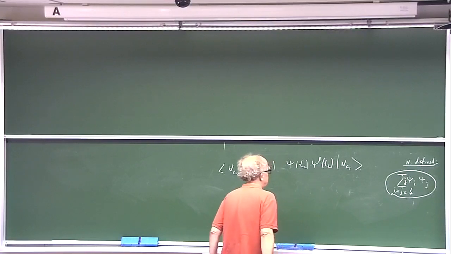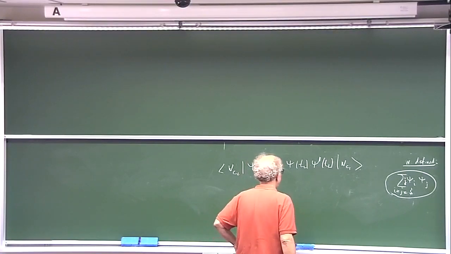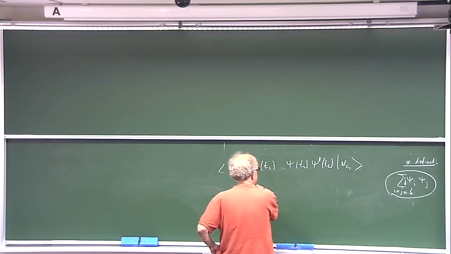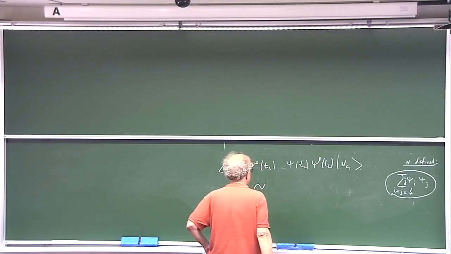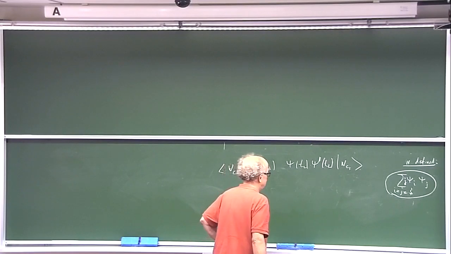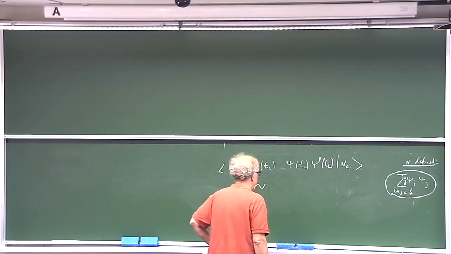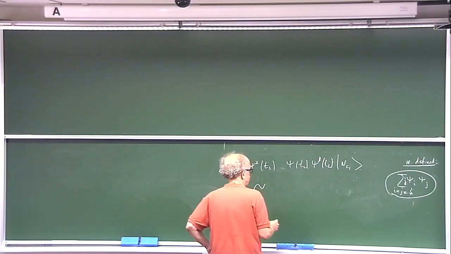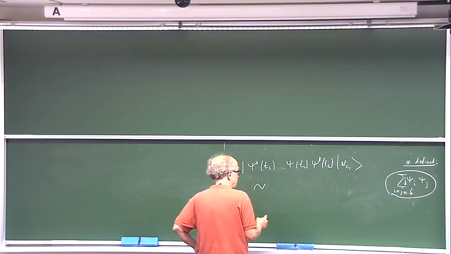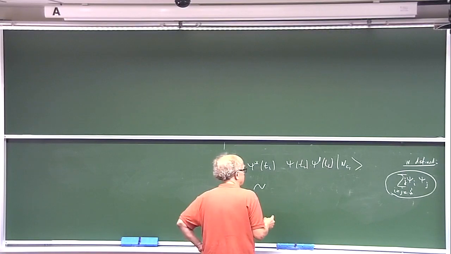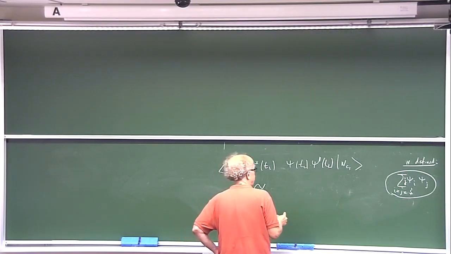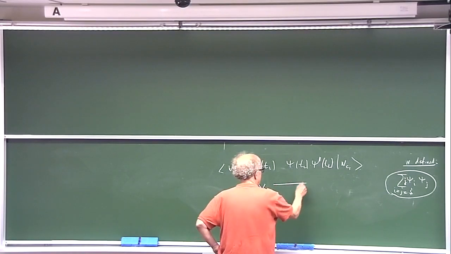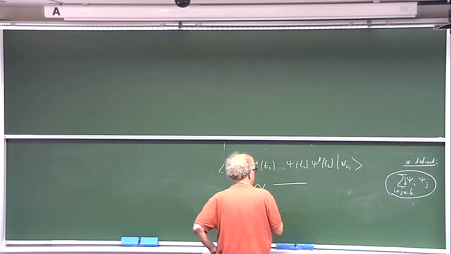And you can see that it will be some rational function, and this rational function will have the following structure.